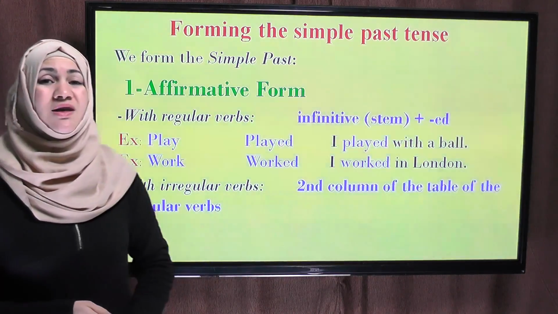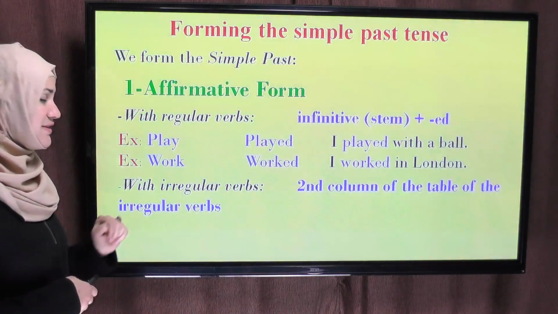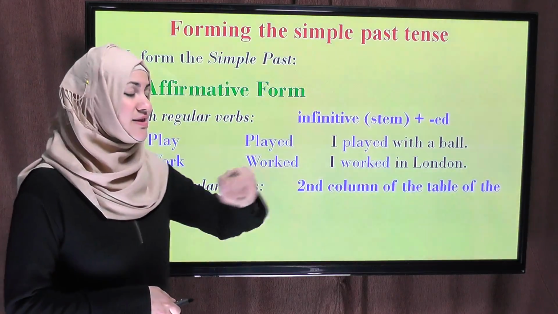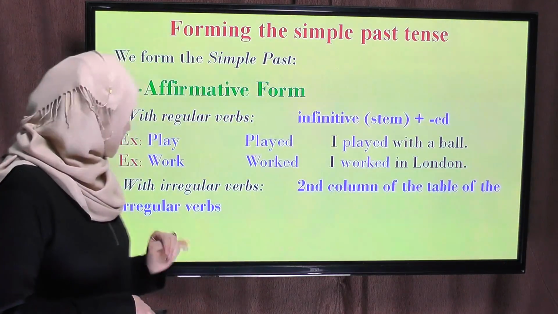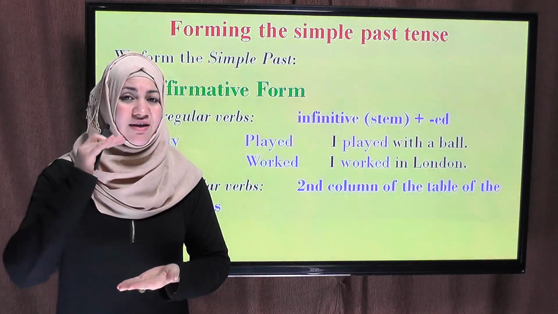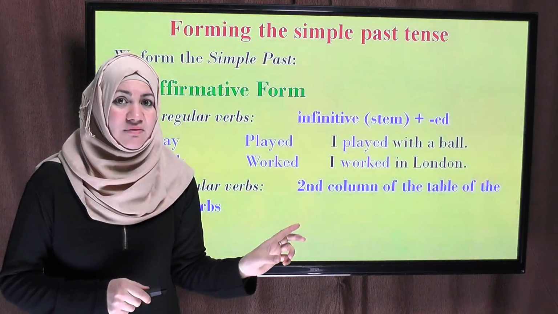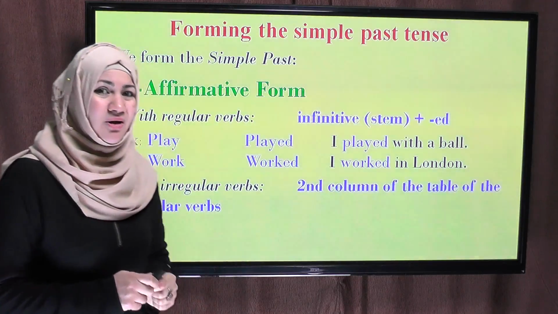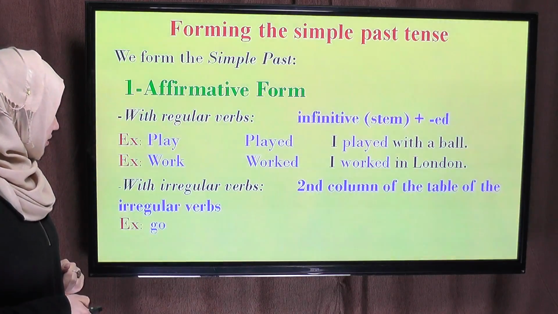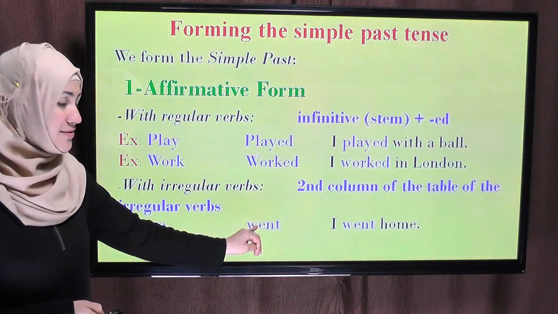The second point, irregular verbs, another form. With irregular verbs, we use the second column of the table of irregular verbs. What does it mean? It means that we have a list of irregular verbs, and the second column is the past simple of irregular verbs. Example here, go, the past simple of go, went.